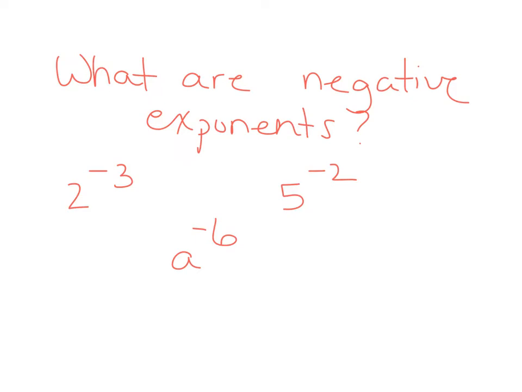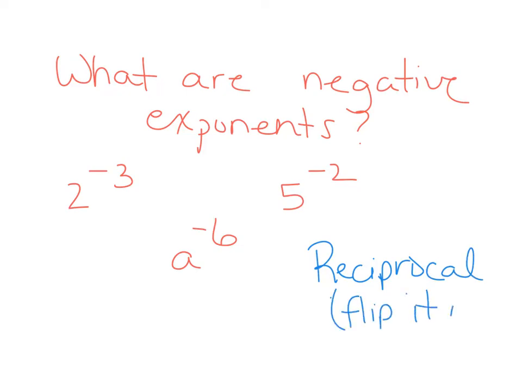The negative exponent actually means something completely different. It means reciprocal. Think about what reciprocal is. When you think about fractions, it means flip it over. I know that doesn't make any sense yet, but I'll try to make more sense of it right now.